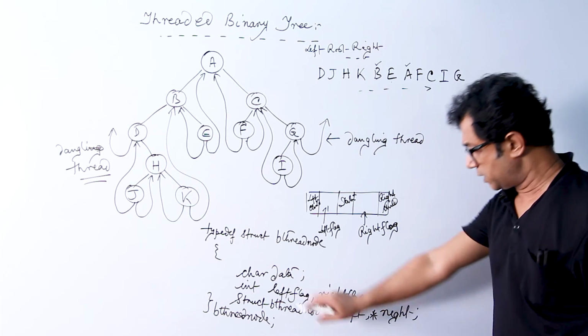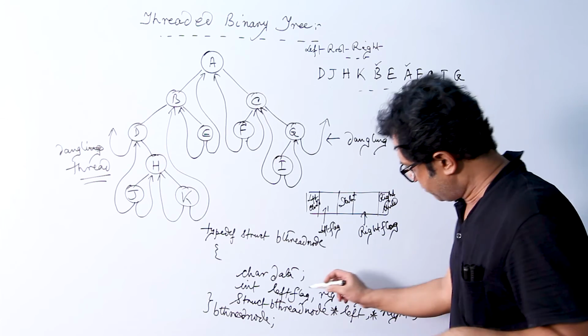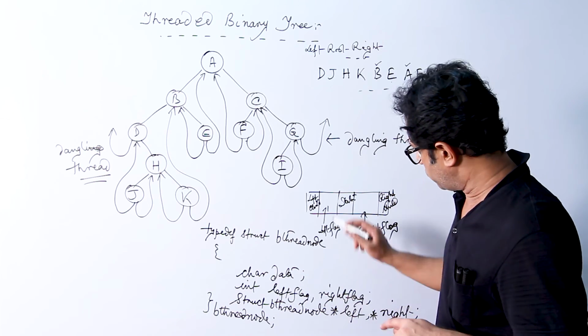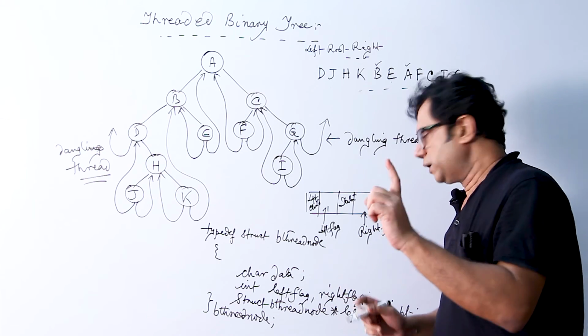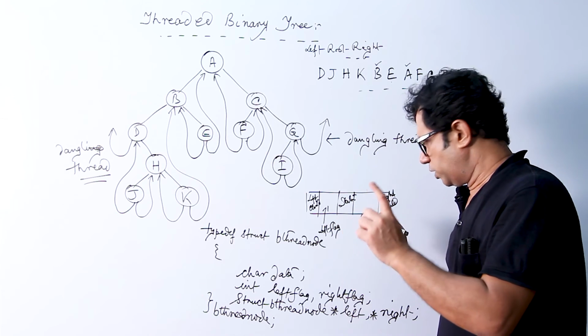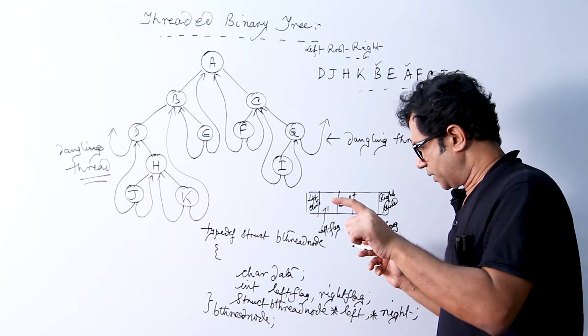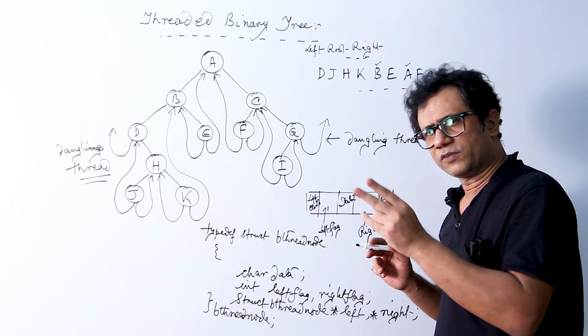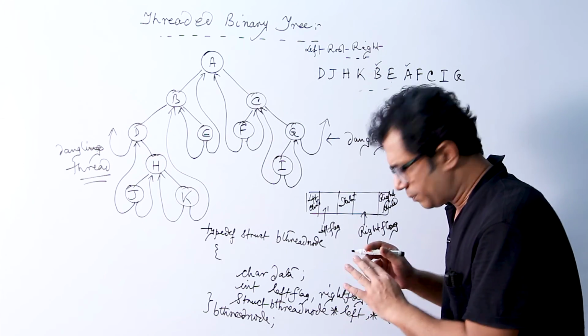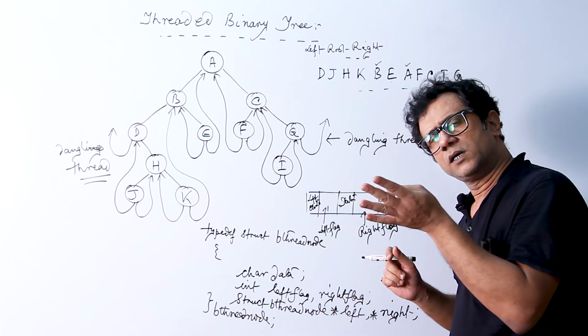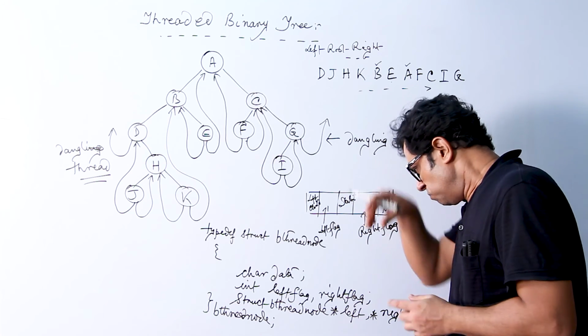So what are this left flag and right flag? Left flag is an integer variable which will contain the value 1 if a particular node has a left thread. So if a particular node has a left thread, then the left flag will be set to 1, otherwise it will be set to 0.